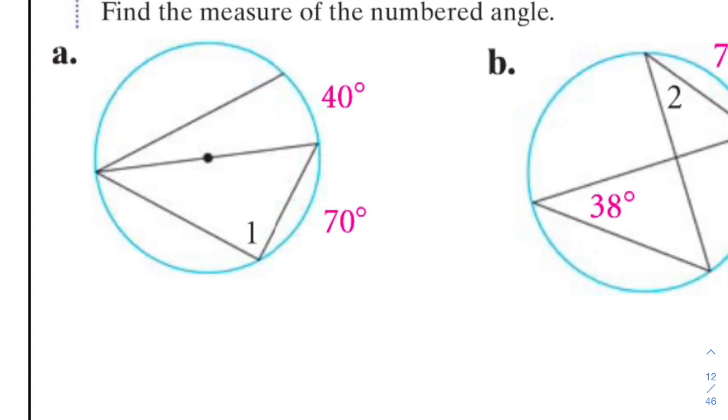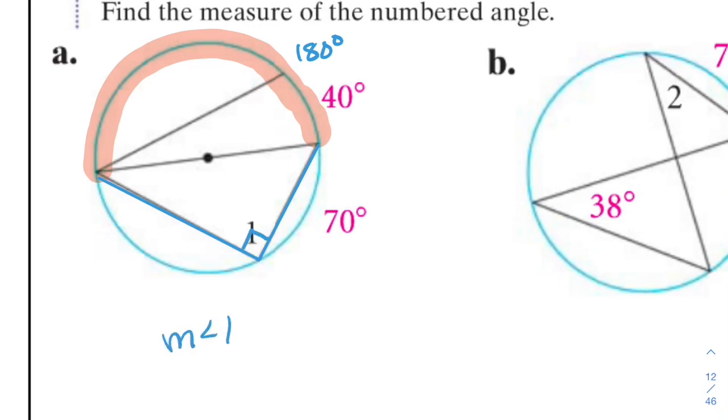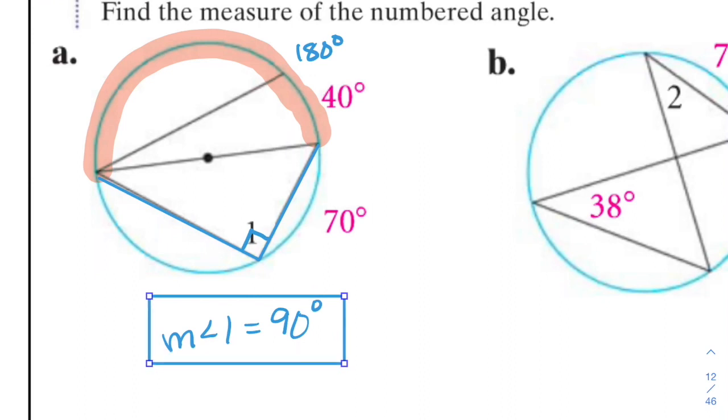What we know is that this whole arc is 180 degrees. So when it's inscribed, we are going to have a right angle. So the measure of angle 1 is equal to half of 180, which is 90 degrees. Again, that occurs because it's inscribing a semicircle, which is 180, so half of 180 is 90.